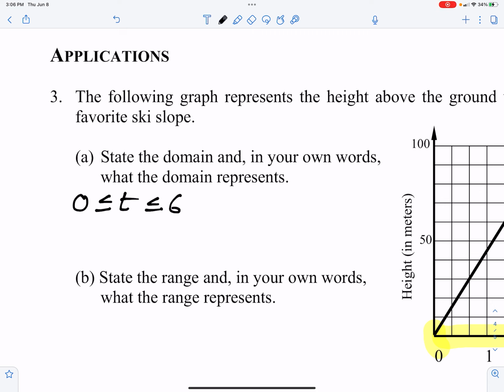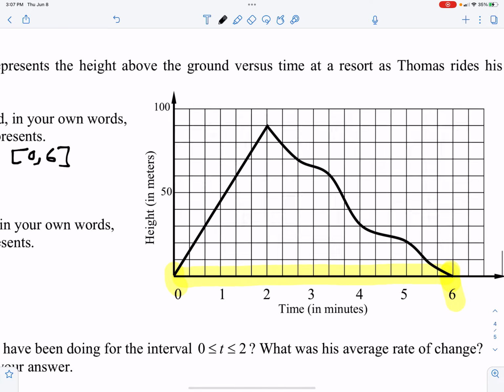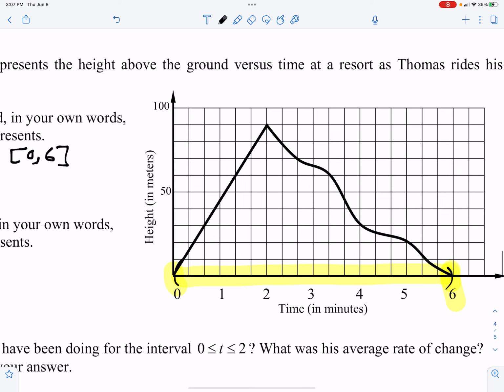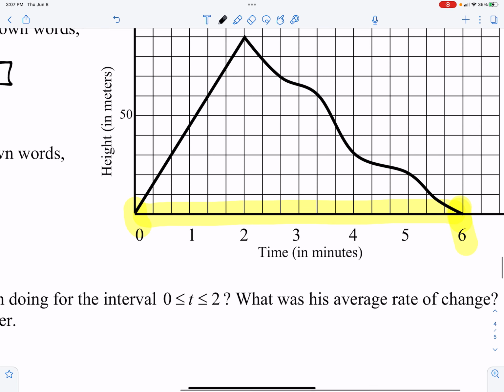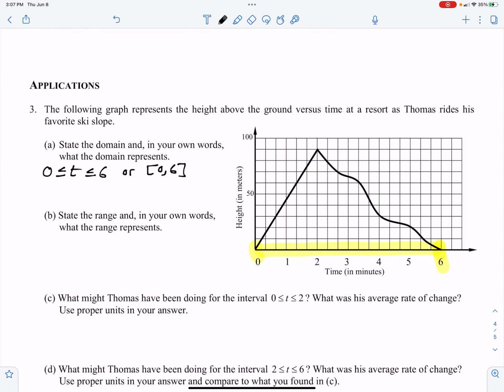Okay, and you could write that as 0, 6. Or basically, what is this another way of saying? The time interval is from 0 to 6 seconds. So I keep saying seconds, I'm sorry, minutes, from 0 to 6 minutes.